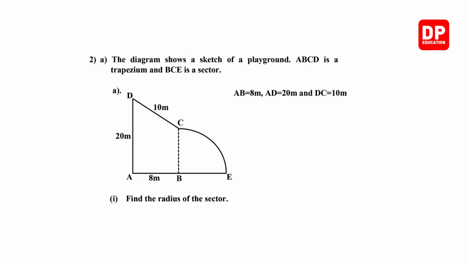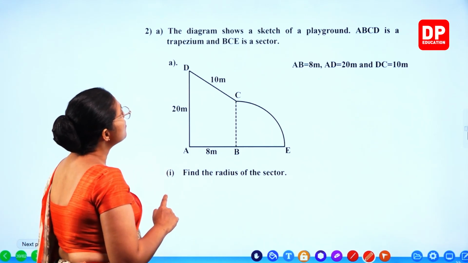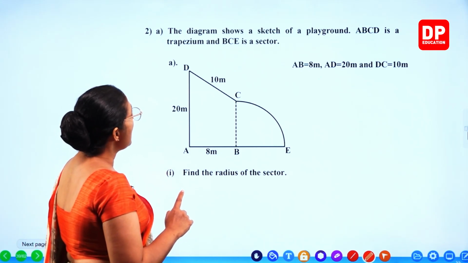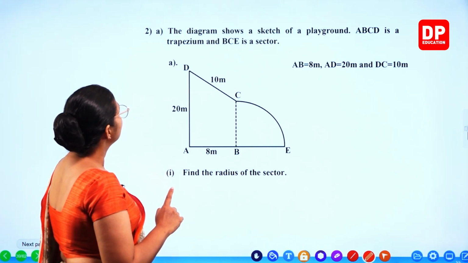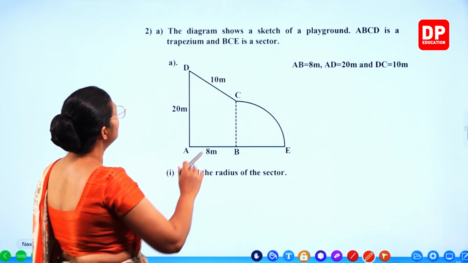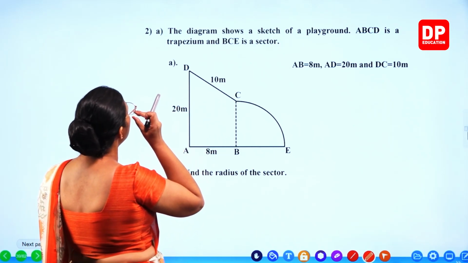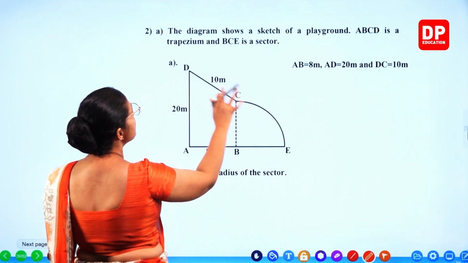Question number 2 is about perimeter here, and there's a distance time graph also. The diagram shows a sketch of a playground A, B, C, D. This one. The whole thing is a sketch of a playground.